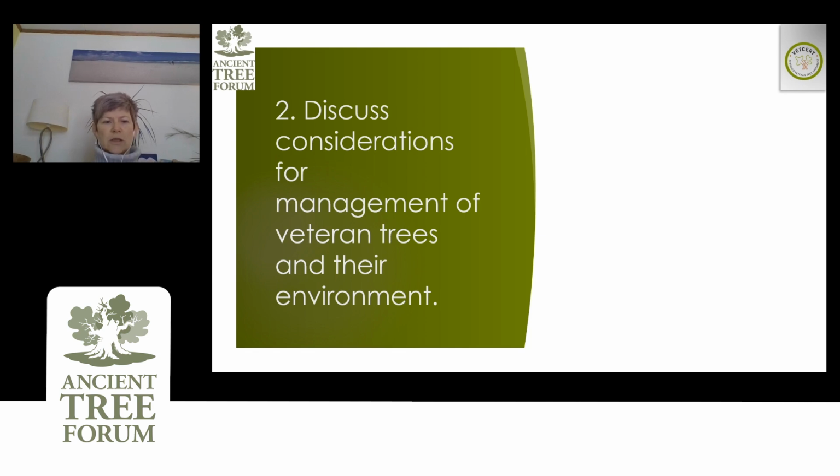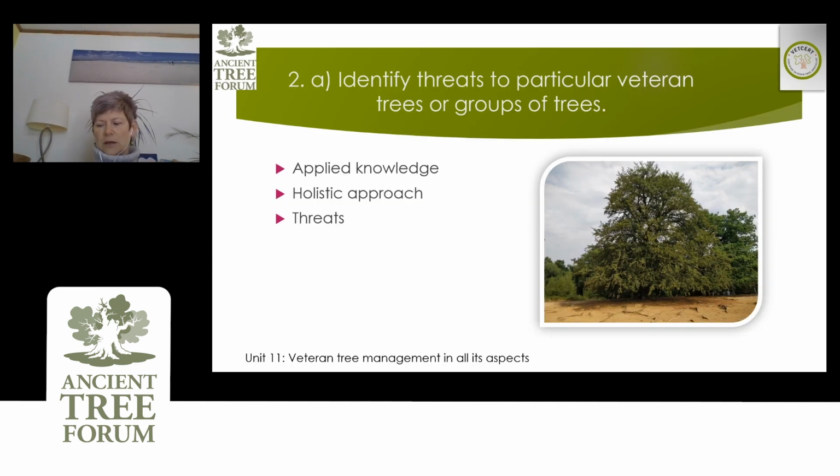The second one is discussing considerations for management of veteran trees and their environment. This is your applied knowledge: you should be able to identify threats to particular veteran trees or groups of veteran trees. It could be shade, for example. When thinking about shade, you take a holistic approach; there may be some benefit in clearing small glades around several trees that benefit several of them at once.